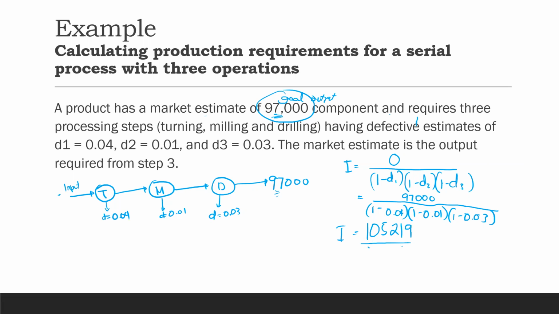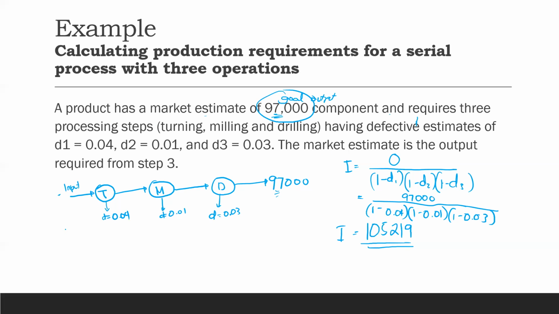So, imagine, I need 100,000 of the components to ensure na mapoproduce ko yung 97,000. Okay, or I should plan for 105,000 of the finished goods for me to achieve that 97,000.